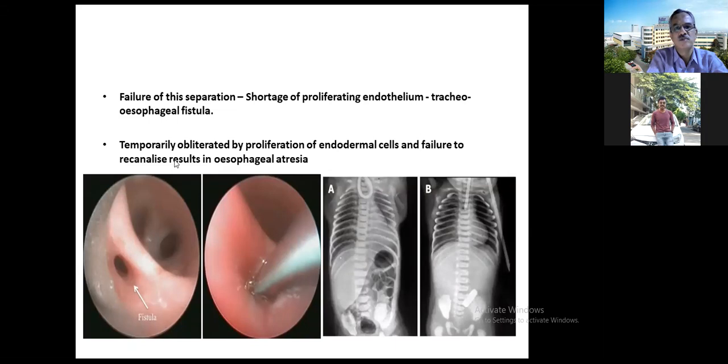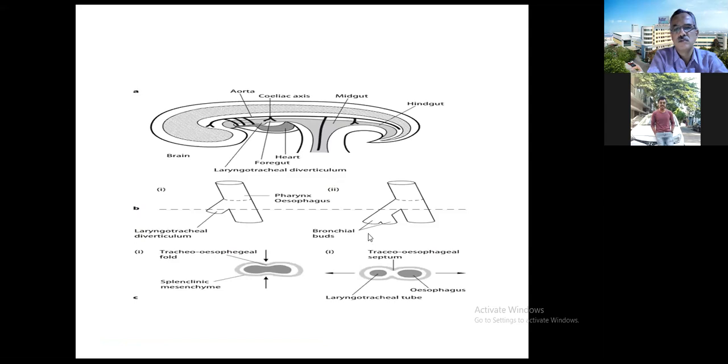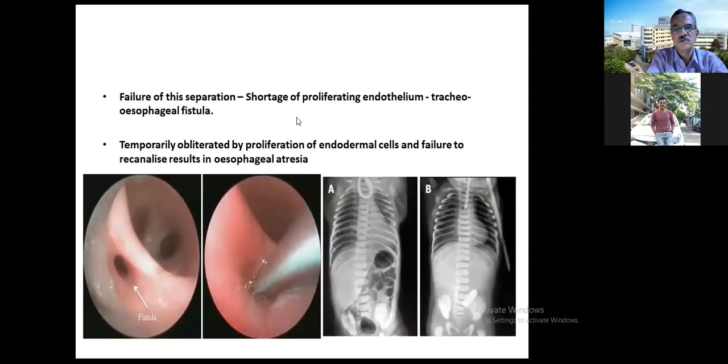The embryological anomaly that occurs with this is whenever there is a failure of separation of the tracheoesophageal septum, or else there is a shortage in the proliferation of the developing endothelium. There is a chance for tracheoesophageal fistula, which can be seen in the left bottom slide of this image, in which ventrally we can see the carina, which is dividing into the left and right bronchi, and dorsally we can see the fistulous tract that is attached to the esophagus.